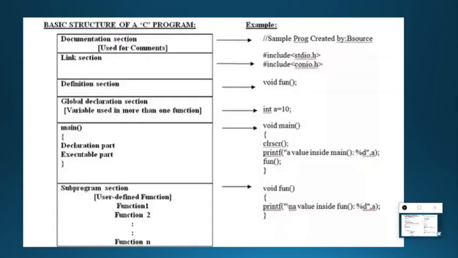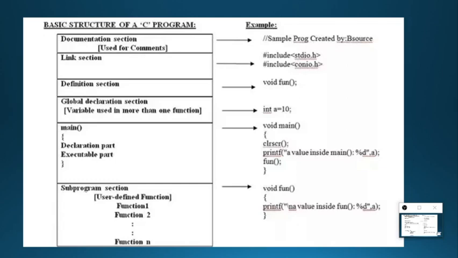This picture will show you how on the left side you will have a basic structure and on the right side you have an example. The document section contains a comment section, whatever you want to write you can write, and it will be ignored by the compiler. Second one, the link section, which contains header files. The definition section, where you can declare anything. Next is the global declaration section.